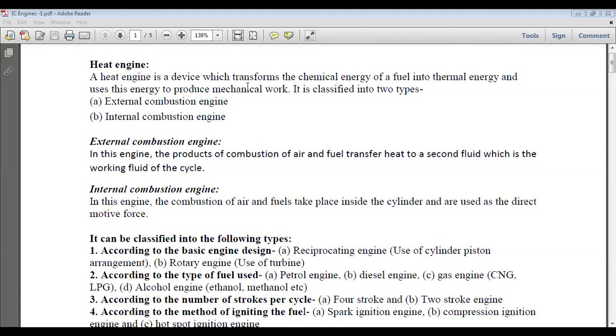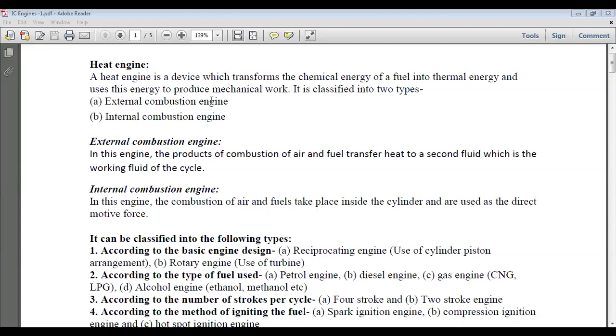Heat is created inside, the temperature increases, which in turn moves our crankshaft. Mechanical energy is produced, and that crankshaft produces a rotation to finally drive the generator, which produces the electrical energy.